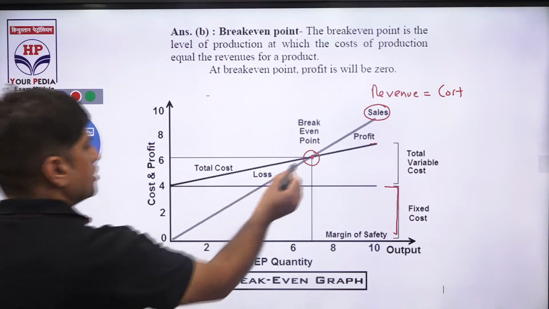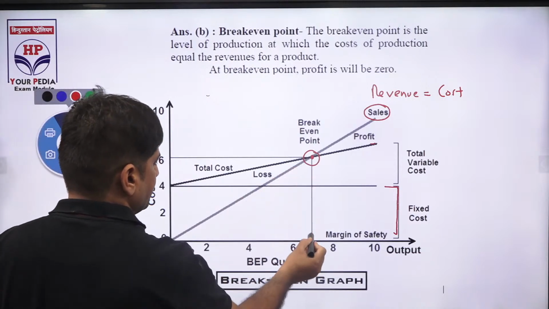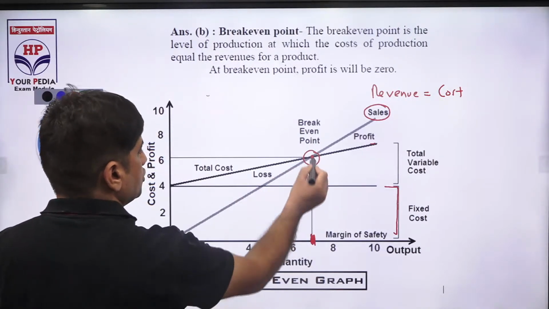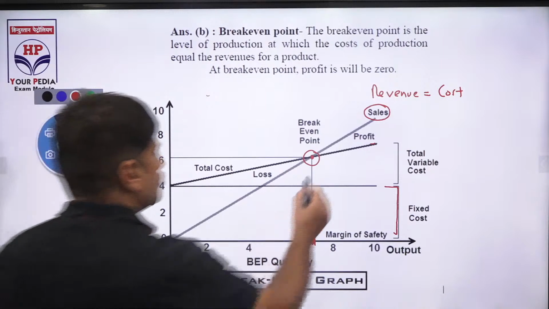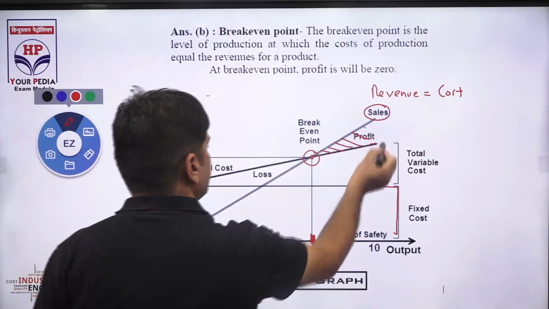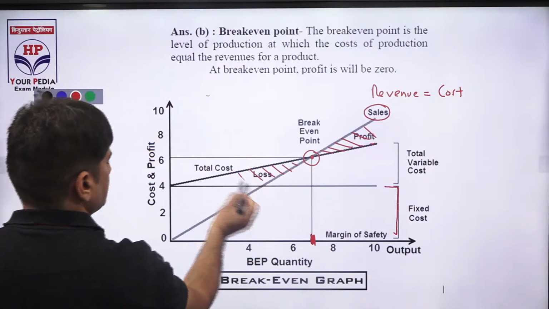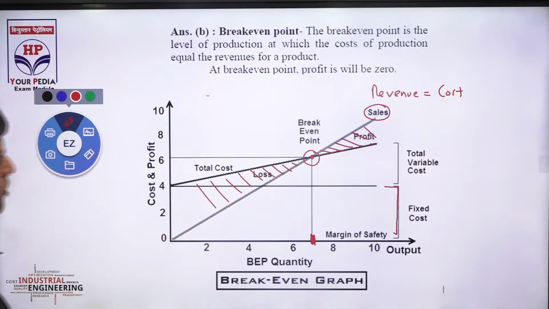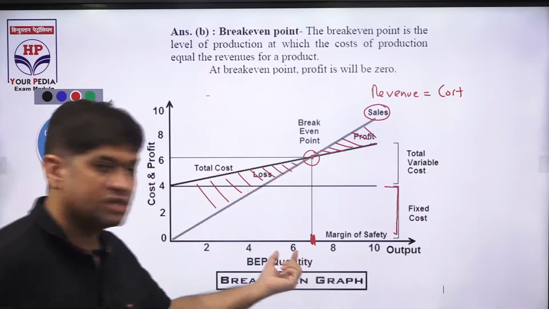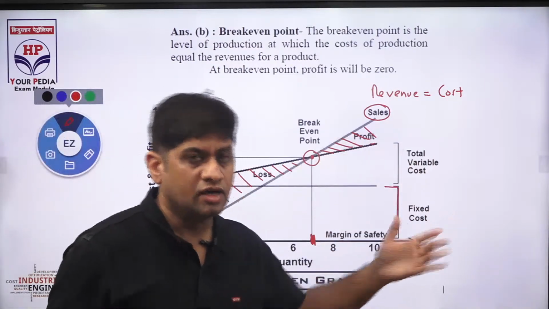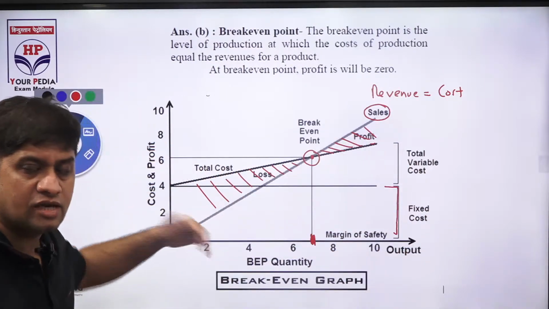At a particular quantity, let us say 7 units, your total cost becomes equal to total revenue. Neither profit nor loss. If you go in this region, there is a profit. If you come in this region, there is a loss. If production is more than 7, as per this diagram, you get a profit. If production is less than 7, you get a loss.